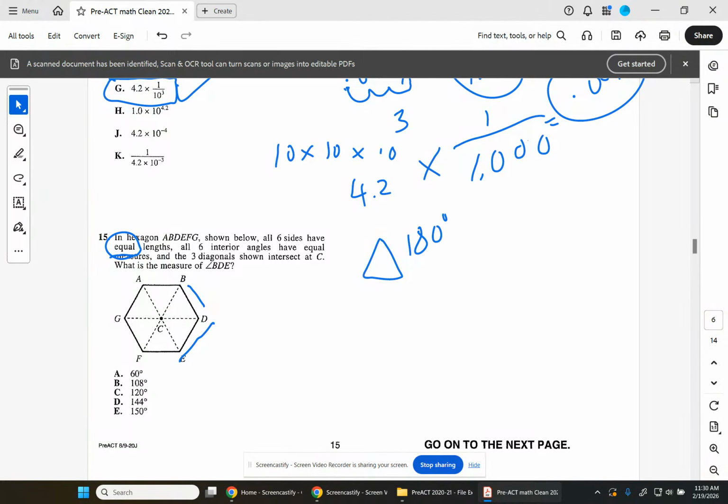I know that. These things are all equal. So out of that 180, divided by 1, 2, 3, that's right. That's going to be 60. So that's 60 there. That's 60 there. This is 60 there. Right? Am I doing that right?